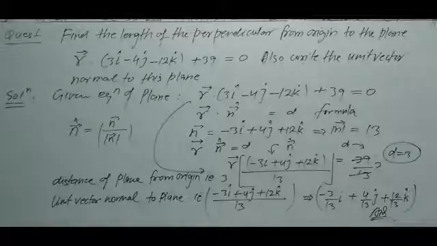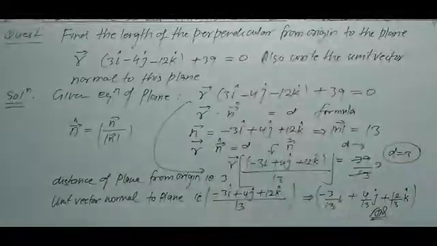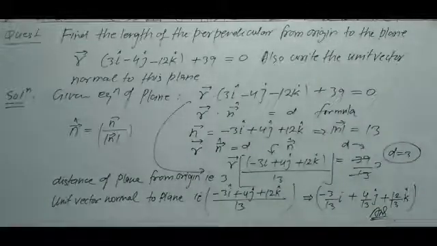So there are so many questions related to these topics. You can do yourself, and from given equation of plane you can find distance, and through the distance and position vector and given points you can calculate the equation of plane also. So various types of questions are in your book, and you can do this type of questions very well.